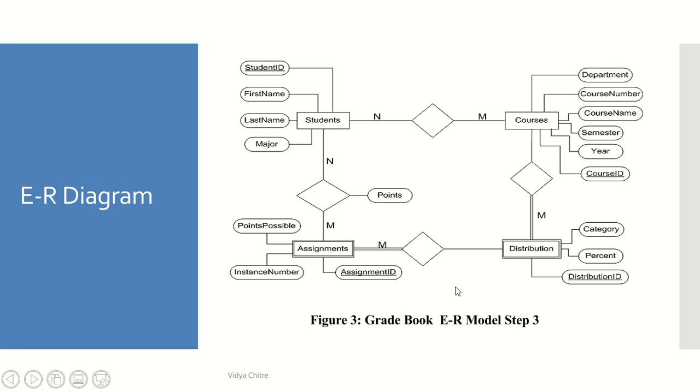So here, for example, an entry in the distribution has to correspond to an entry in the courses. So the distribution is weak. Similarly, an entry in the assignment depends on the entry in the distribution. So assignment is weak. So finally, our ER is showing like this: assignment and distribution are the weak entities.